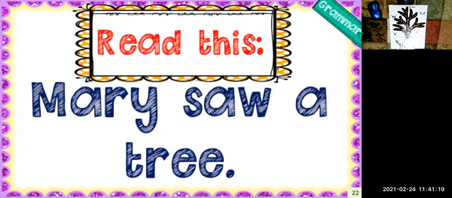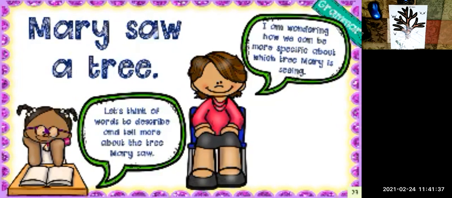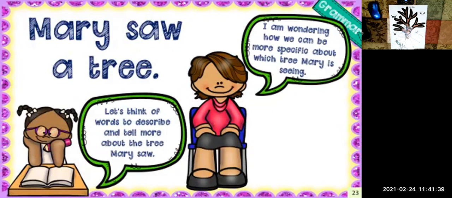Mary saw a tree. Mary saw a tree. So let's think of a word to describe and tell more about the tree that Mary saw. How could we describe a tree? Big, green, small. Those are all ways we could describe the tree.